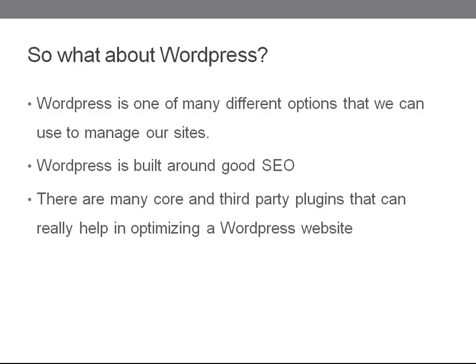SEO is changing every day, but it seems like every release of WordPress is built around whatever is working at the time. So it's a really good CMS to use. There are many core and third-party plugins that can help in optimizing a WordPress site, and we'll look at a lot of those in the coming sections.